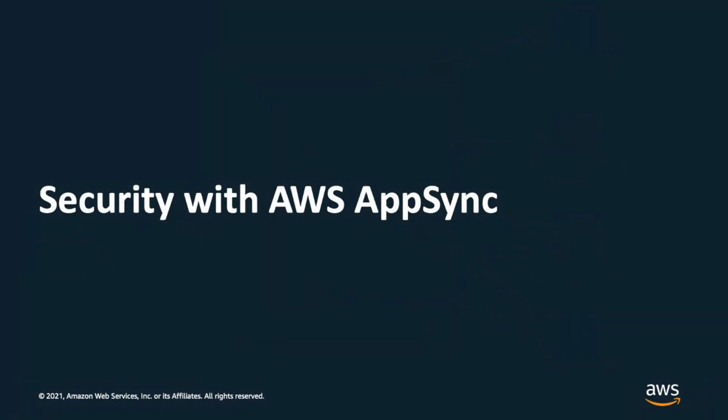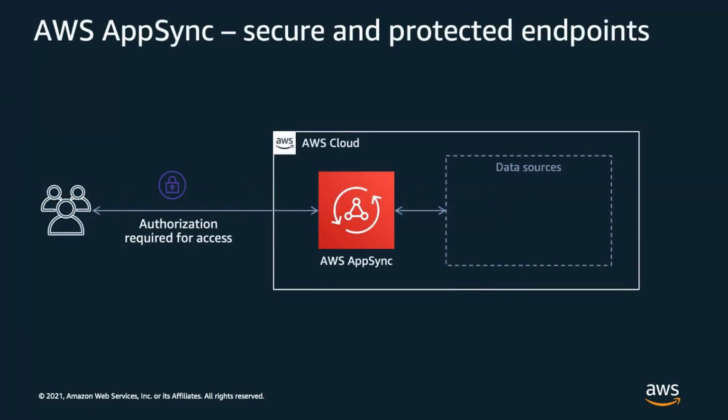Of course, talking about front-end applications that leverage APIs and backends, we need to talk about security and authorization. With AWS AppSync, you can create GraphQL APIs that can be used by the application. And this interaction is over the internet.